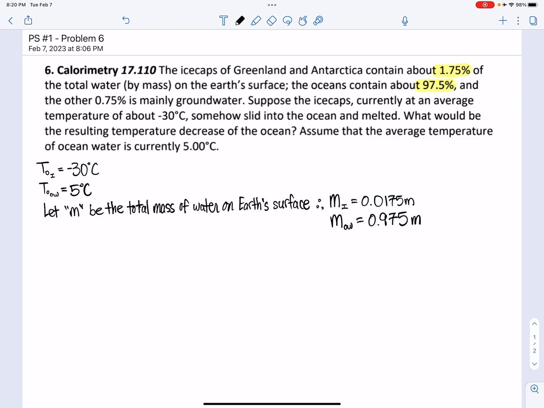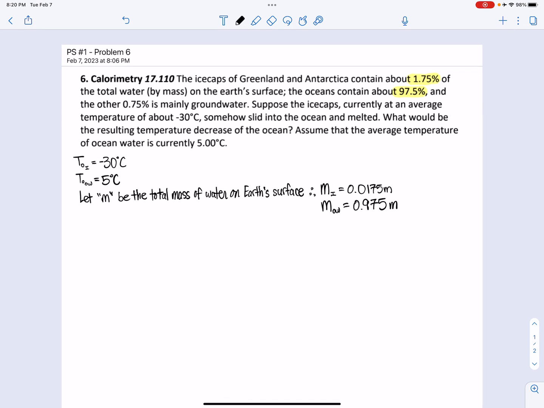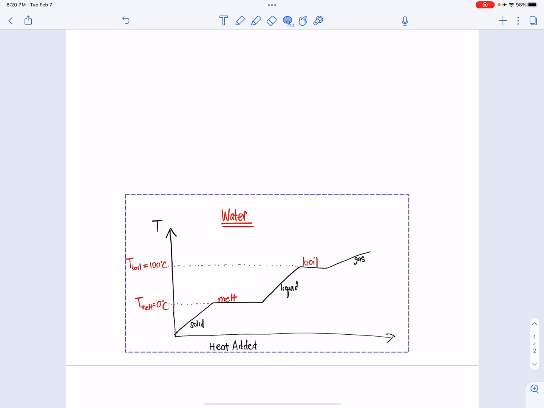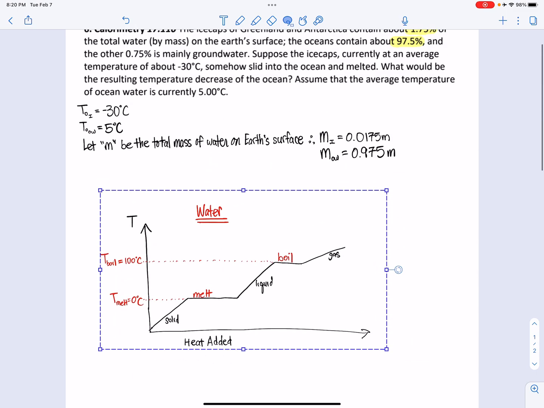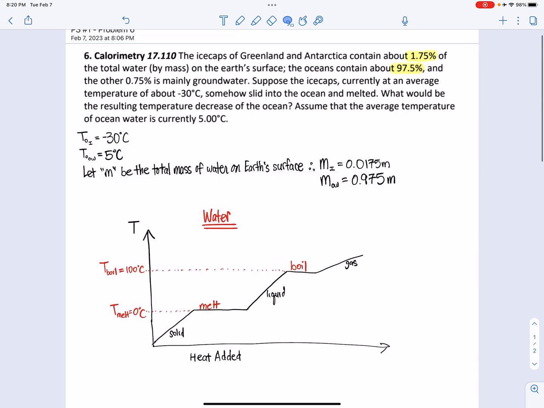All right. What else is important to know in this problem? So this is a calorimetry problem, right? It's given to us right here. Let's take this graph up and bring it up. Okay, put it right there. So this is the graph for water, right?